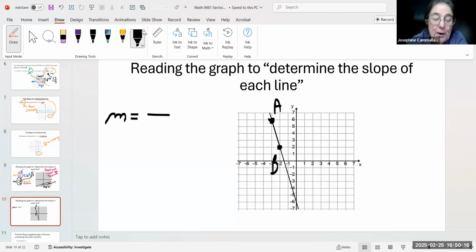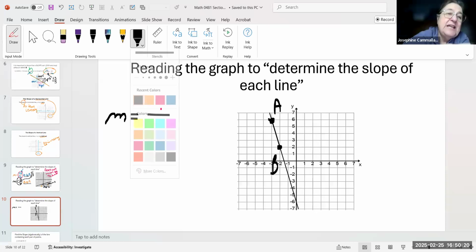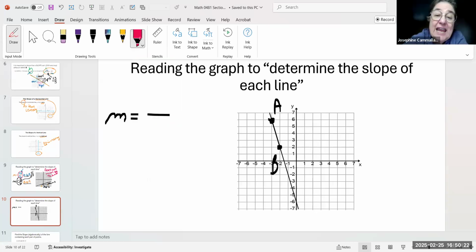Okay, rise means up or down. Okay, which means from A, I'm going straight down. 1, 2, 3, 4. I went down 4. Okay, so this is down 4.